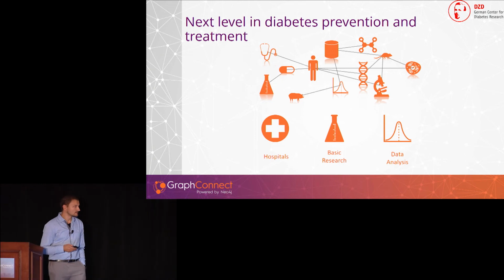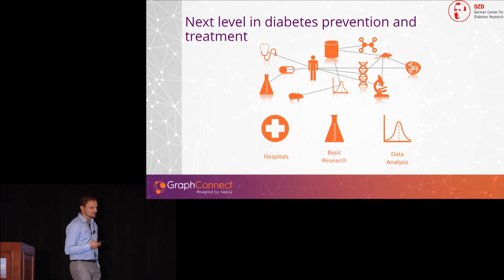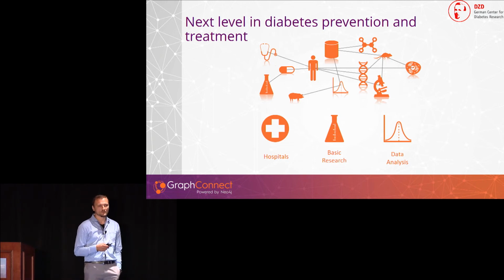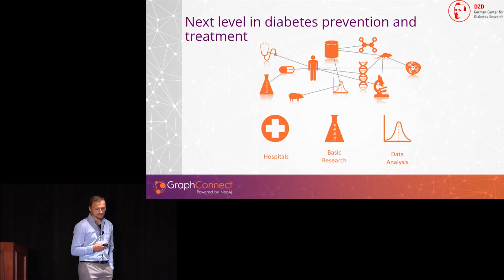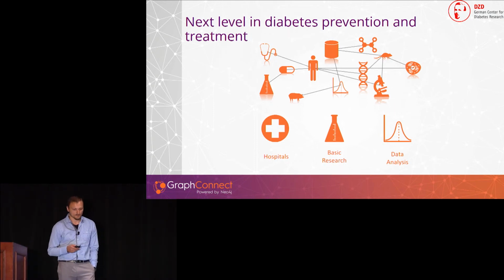In my opinion, graph technology enables us to have a new level of diabetes prevention and treatment. We see events that we couldn't have seen with relational databases. And this is, again, because we can connect different disciplines, different locations, and different species.